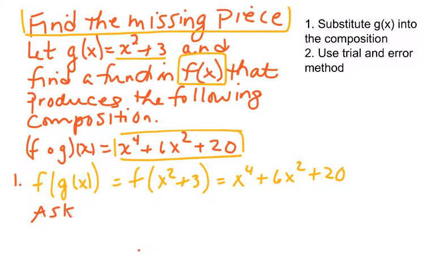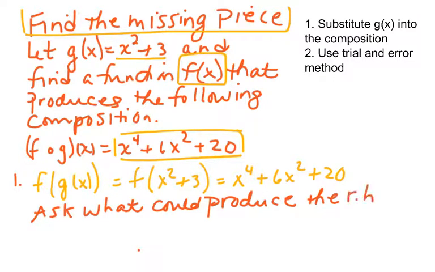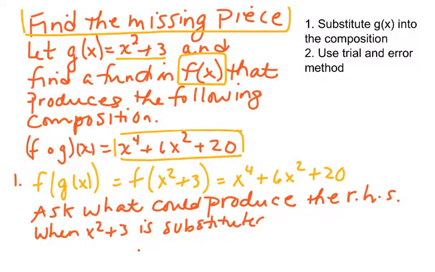So ask what could produce the right hand side, when x squared plus 3 is substituted into f for x.